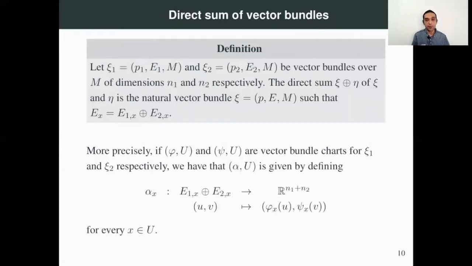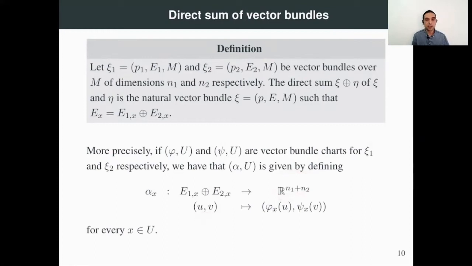And there, in order to define a vector bundle chart alpha U for the direct sum of these two vector bundles, we define alpha X, which is going to be an isomorphism between the direct sum of E1x and E2x, okay, and R^(n1+n2). And this isomorphism is the natural one.